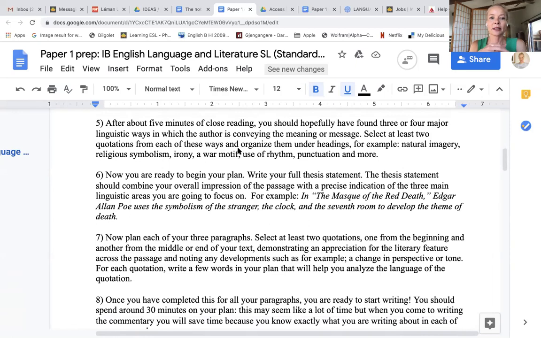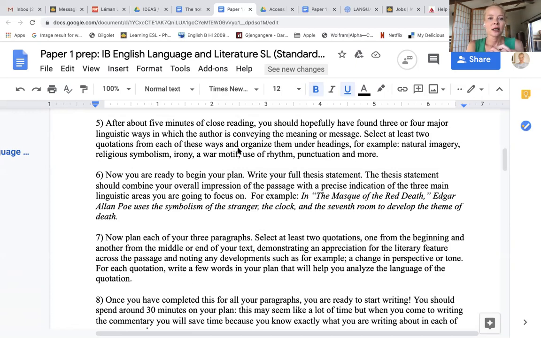The next step is, after about 5 or 10 minutes of reading, you should have found 3 or 4 major ways in which the author conveys the message. Choose at least 2 quotes from each. Sometimes there's a development throughout the text too, so look for that. Is there a change in tone or perspective?